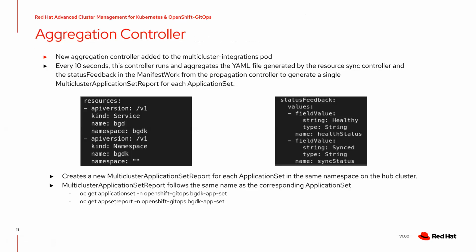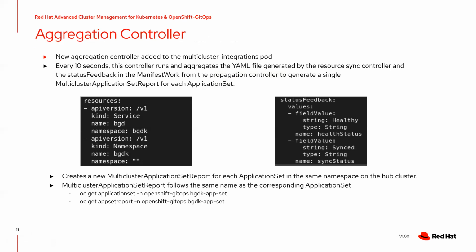Okay. And so this is another controller running in the same pod. Just like the resource sync controller, it runs every 10 seconds to aggregate the YAML file generated by the resource sync controller, and also the status feedback in the manifest work from the propagation controller, to generate a single what we call a multi-cluster application set report for each application set. The images I have there are just an example.